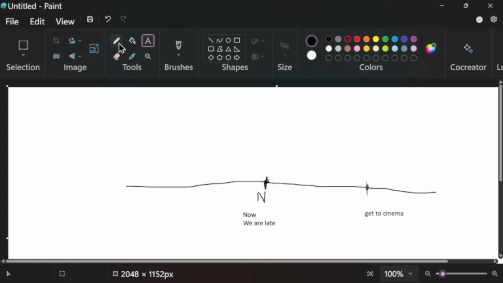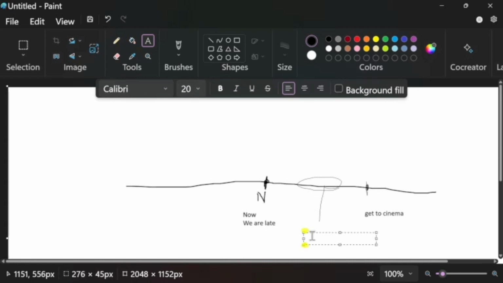In between, yes. So around this time, somewhere before this, here, the film starts. Or let's put it in the future, right? So the film will start, for example. The film will start. And here we will get to the cinema. We will. Right?